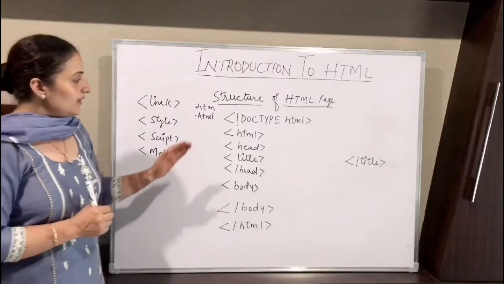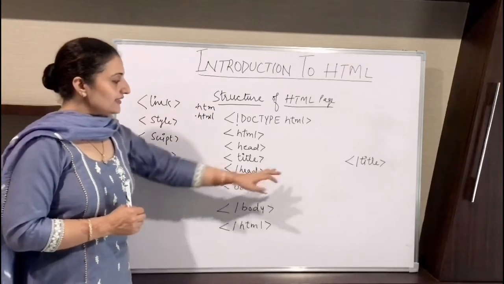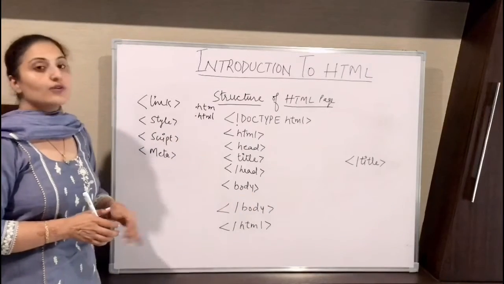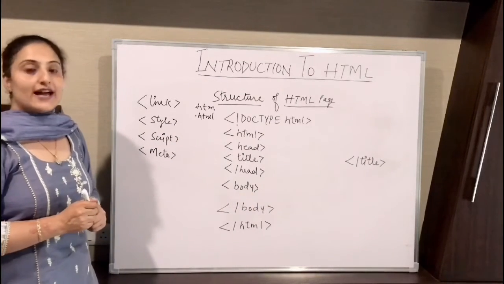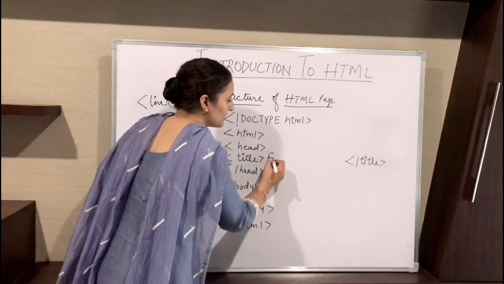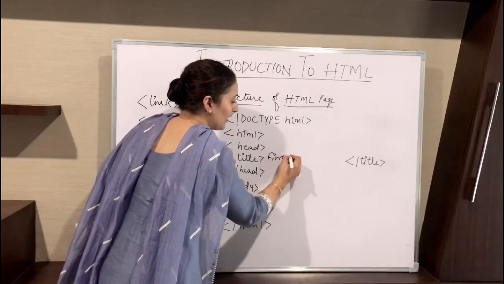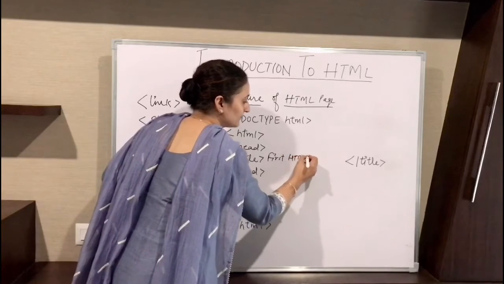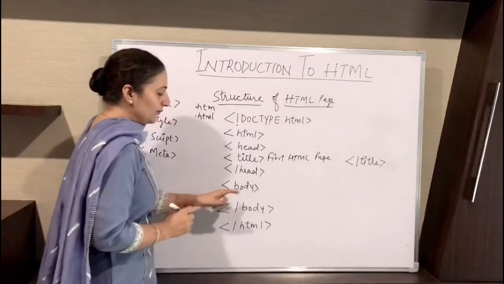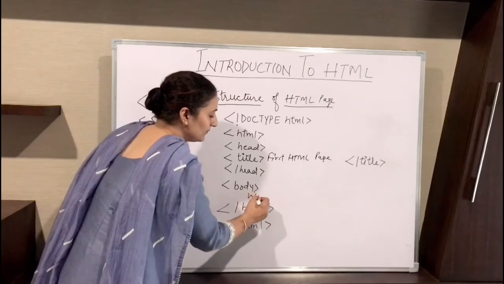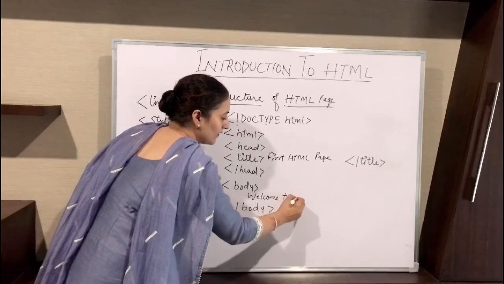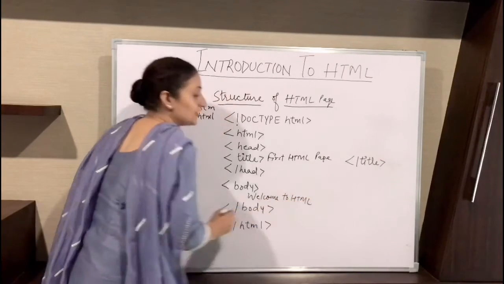For example, we have filled the title of the page here and body here in order to create a simple first HTML web page. Title of the page is first HTML page, and body is welcome to HTML.